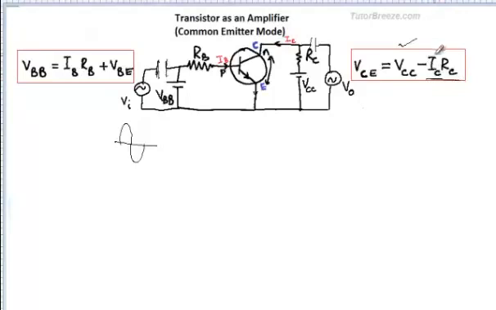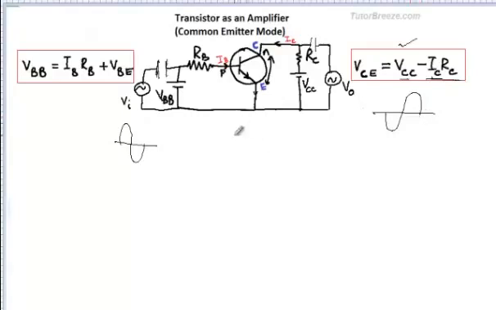So if this current becomes higher, we are subtracting a larger number from the collector voltage, which is constant, which means that we get a decrease in the output voltage. Whereas if the base current decreases, then this factor IC decreases, so we are subtracting a smaller quantity and the output voltage increases. This causes a phase reversal by 180 degrees.